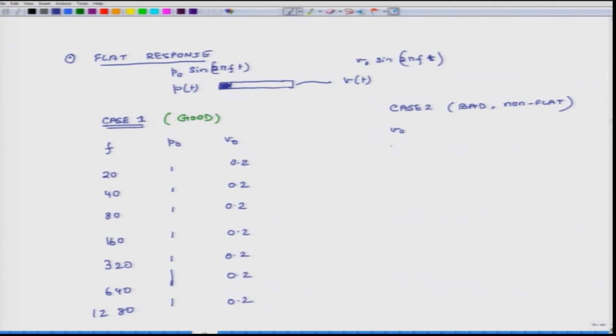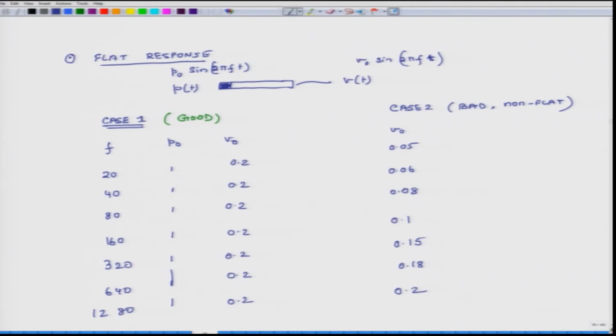It may look like 0.05, 0.06, 0.08, 0.1, 0.15, 0.18, 0.2, maybe something like that. So this one is not flat, a bad microphone does not have a flat response.